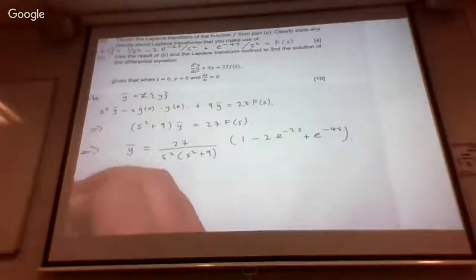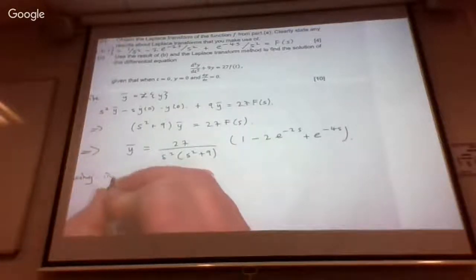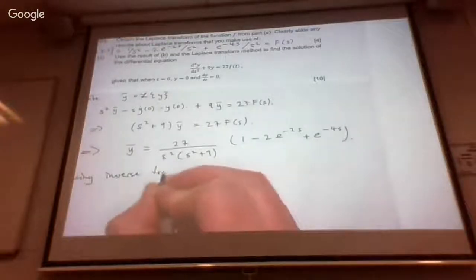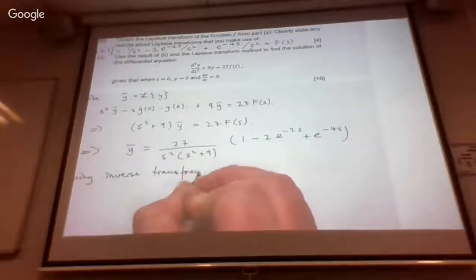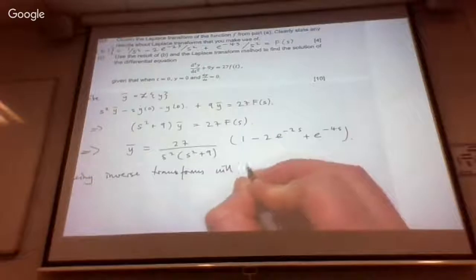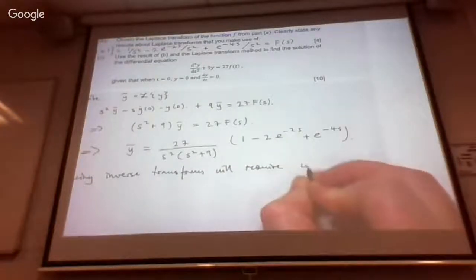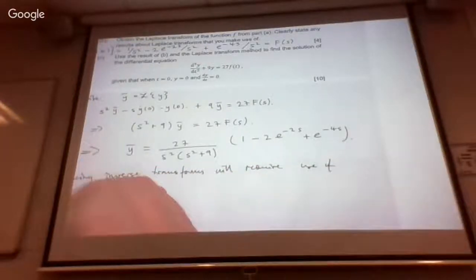So taking the inverse transforms here, this will require the use of theorem 2.5.